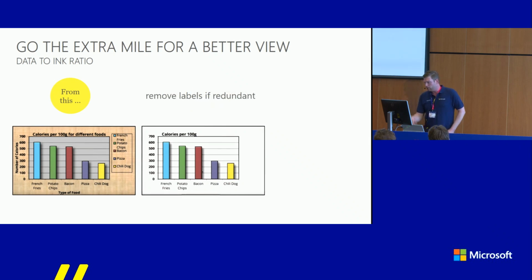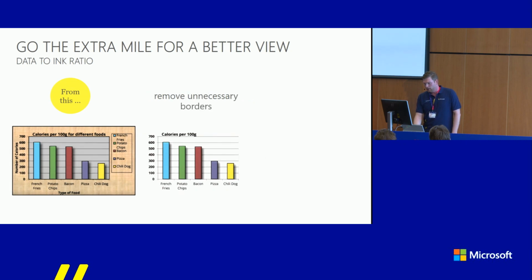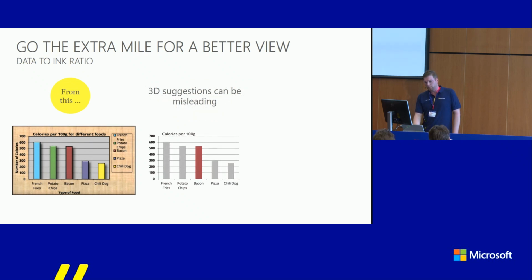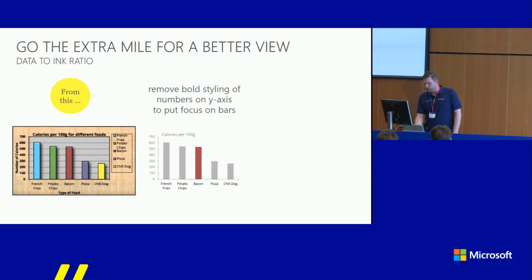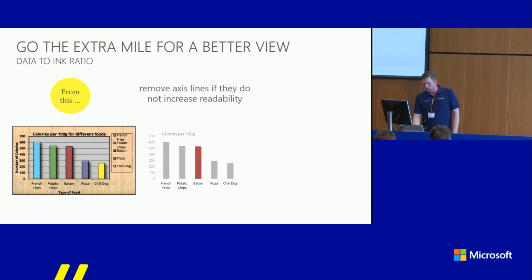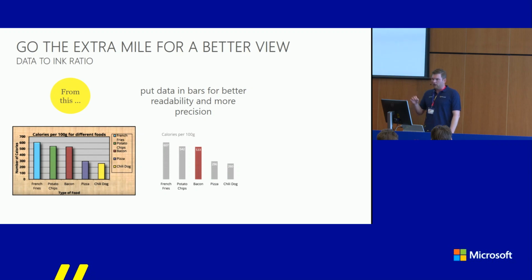Remove labels that are redundant, and borders that are not necessary, and then give the bar that you want to draw attention to a different color, and the rest you can gray out. 3D is useless in this setup, at least. Bolding is useless, and then even the grid lines, they are not really useful, especially if you put the data labels inside the bars.